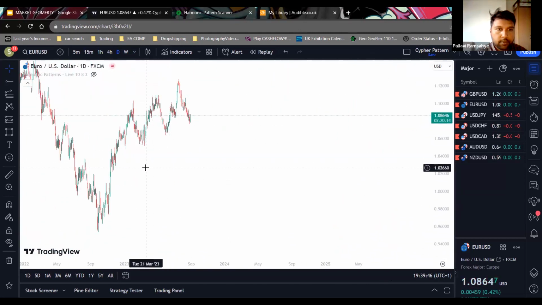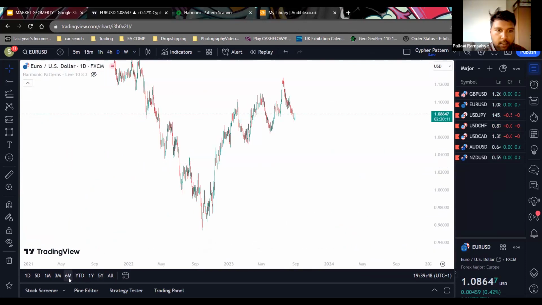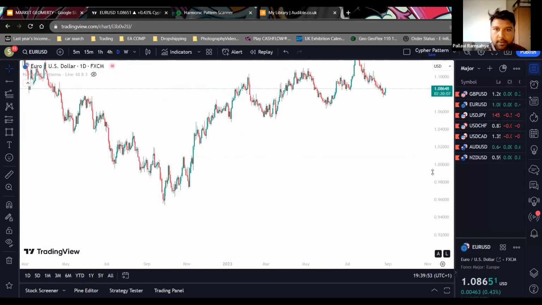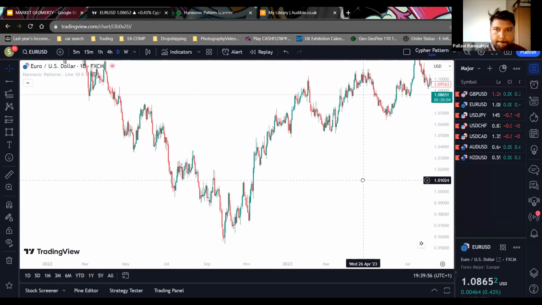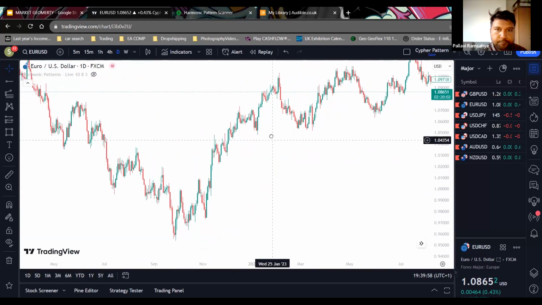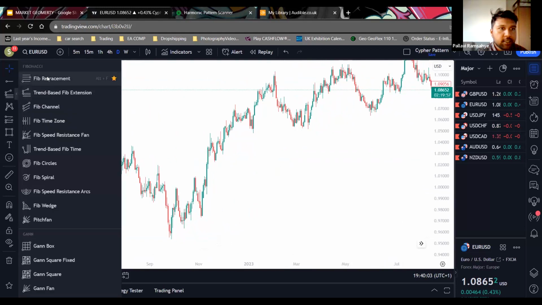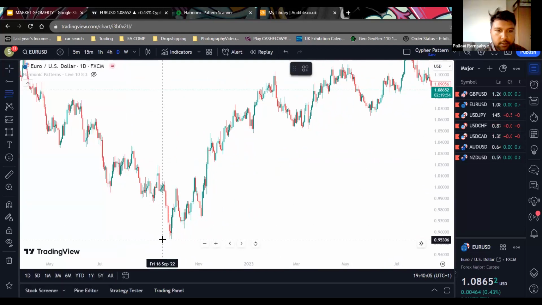Let's have a look at price. I did this demonstration previously, but we never actually did it with the Fibonacci retracement tool. So let's start off from the low.